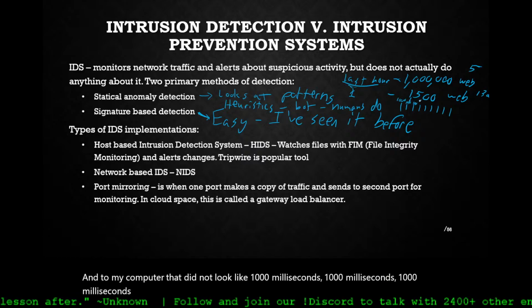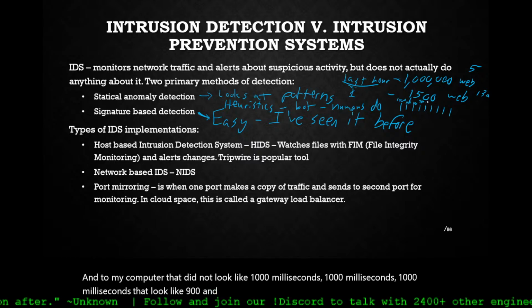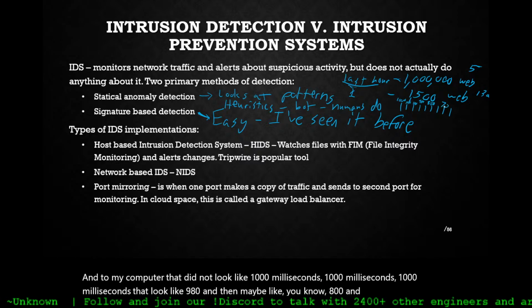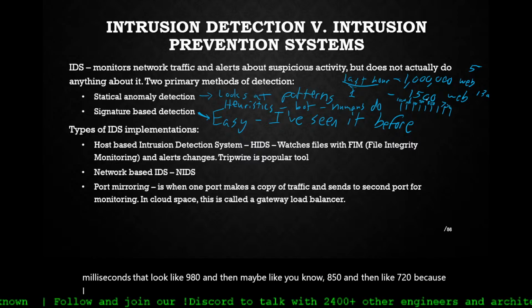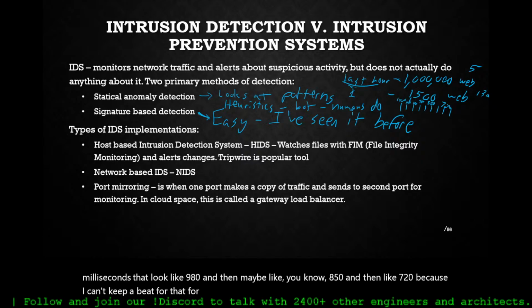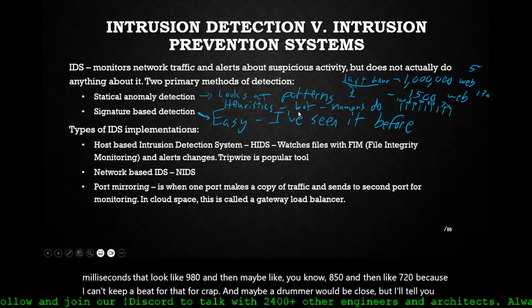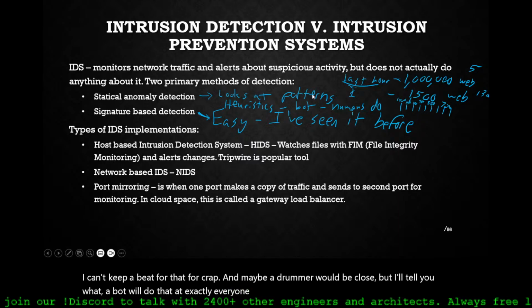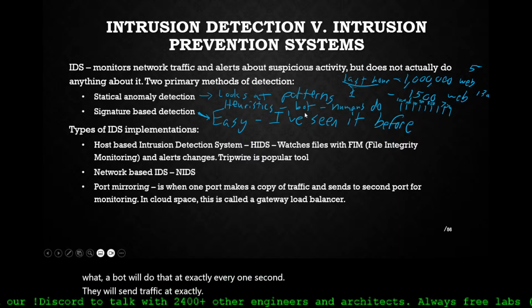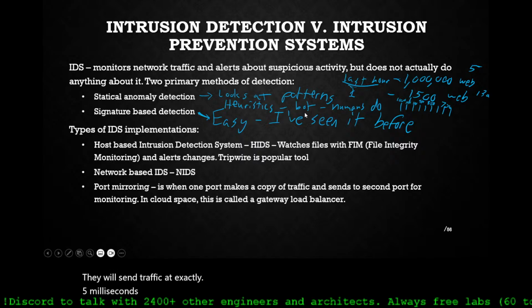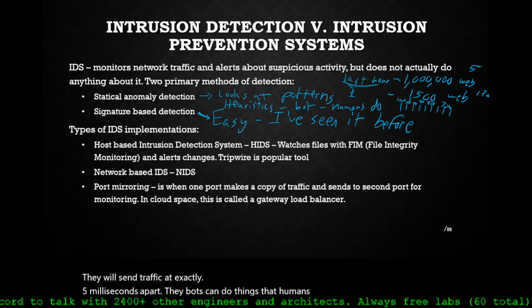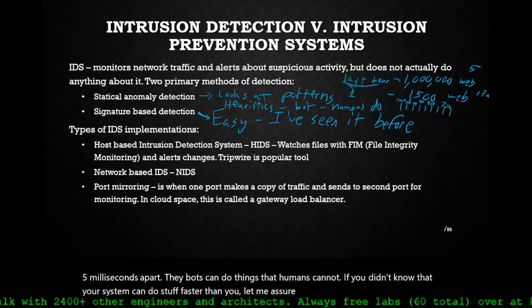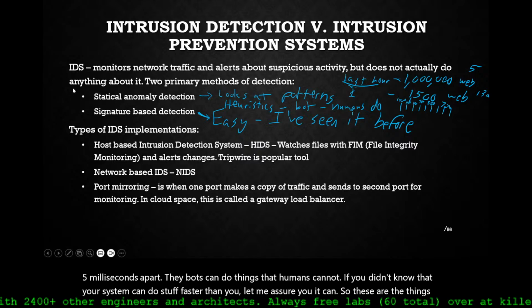That looked like 980, and then maybe 850, and then like 720, because I can't keep a beat. Maybe a drummer would be close, but a bot will do that at exactly every 1 second. They will send traffic at exactly 5 milliseconds apart. Bots can do things that humans cannot. If you didn't know that your system can do stuff faster than you, let me assure you it can. So these are the things that we look for.